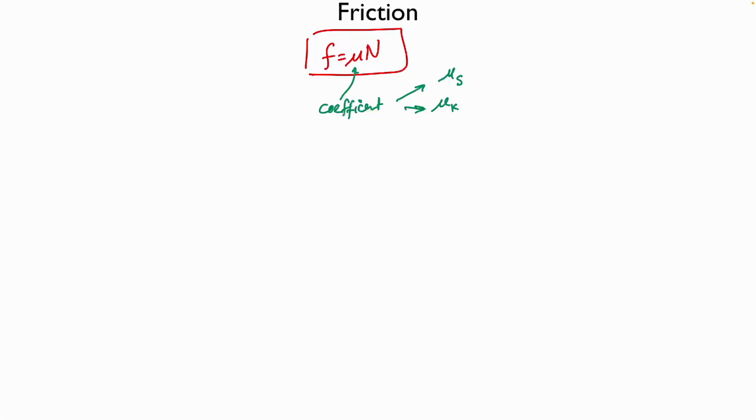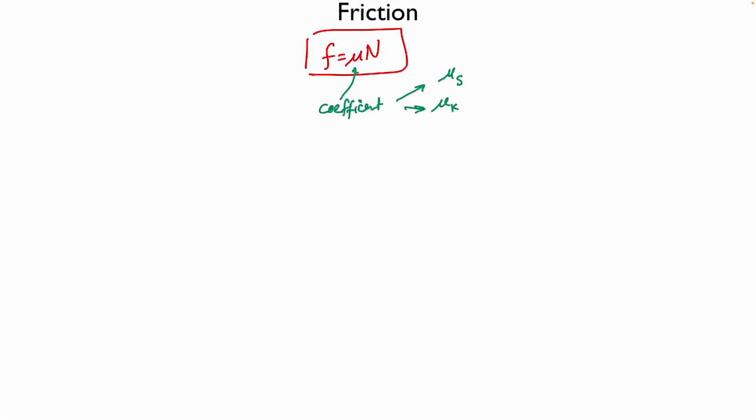Ice is like 0.001. So the smaller this coefficient, the less friction there is. The coefficient of static friction is usually a range. Kinetic friction is always just a number, and we already know the direction that it points.